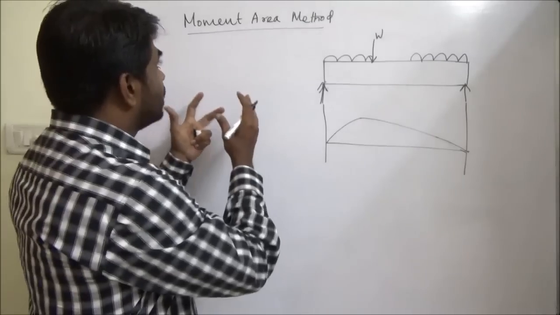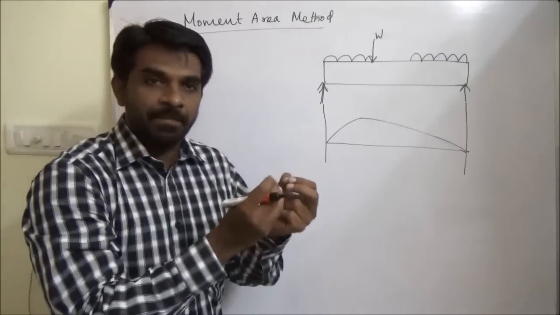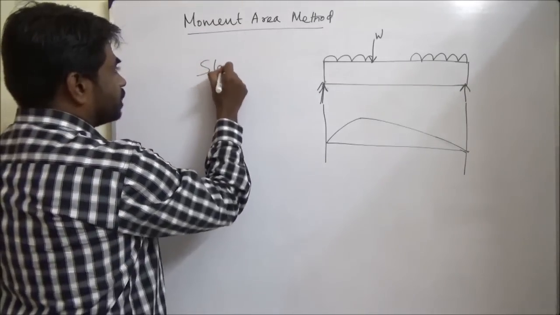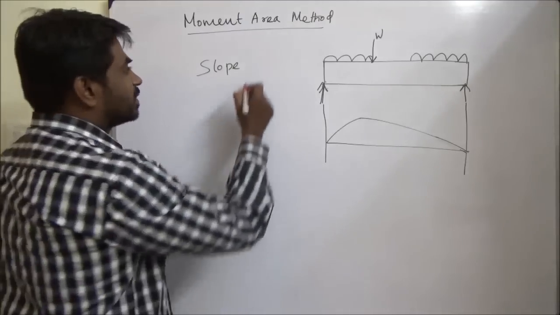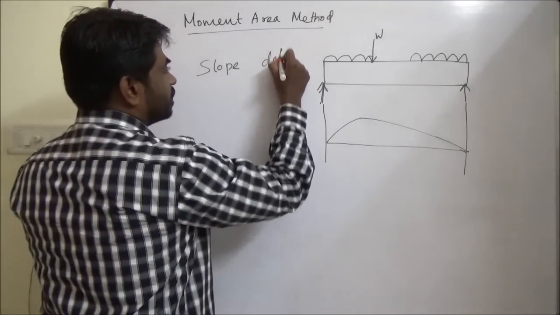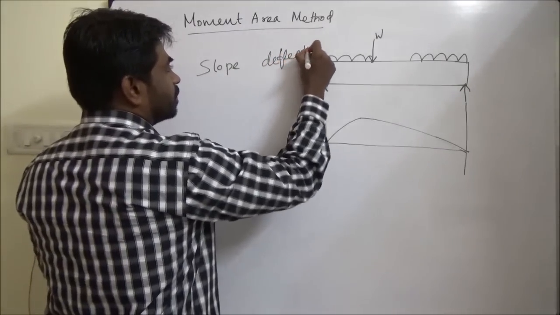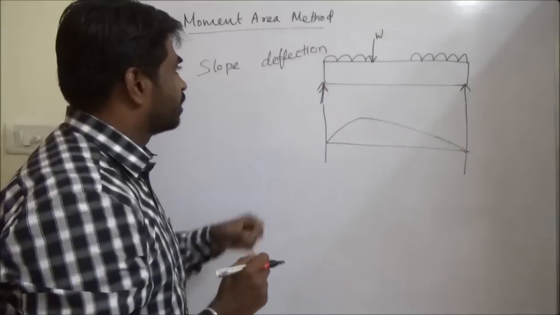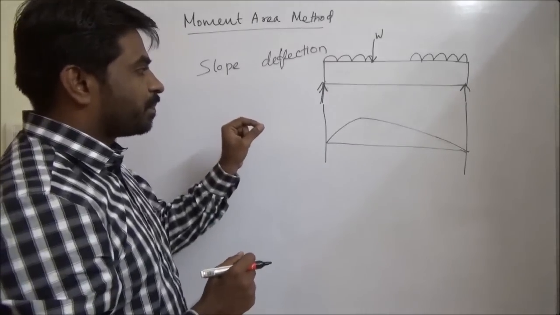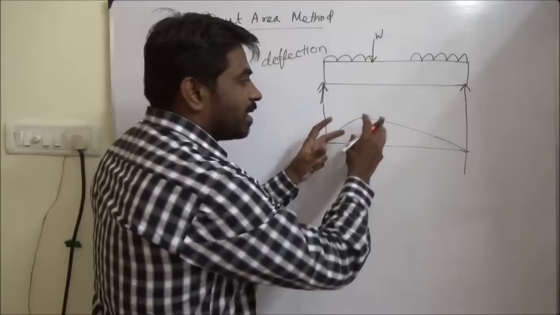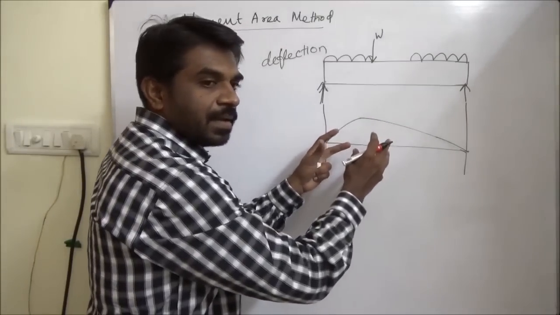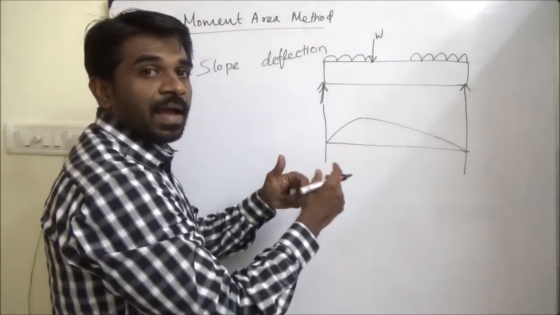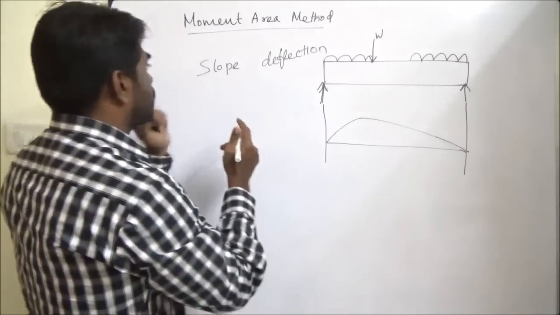So what does this method say? See, we have to find slope and deflection or displacement in y direction. So if we calculate the area, we can get slope.